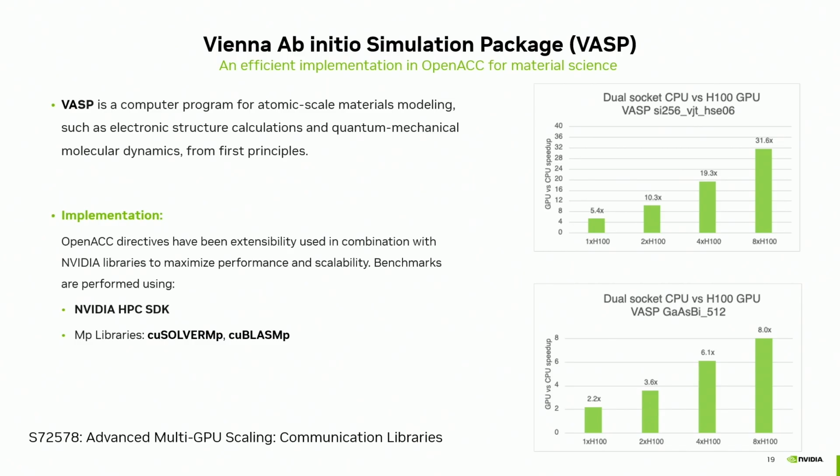Now, another example of a really popular scientific application, the most used science application on computers around the world, which is utilizing two of our other MP libraries in the NVIDIA HPC SDK, is VASP. Now, VASP is for atomic scale modeling. VASP is also a Fortran code app that has been used for decades.